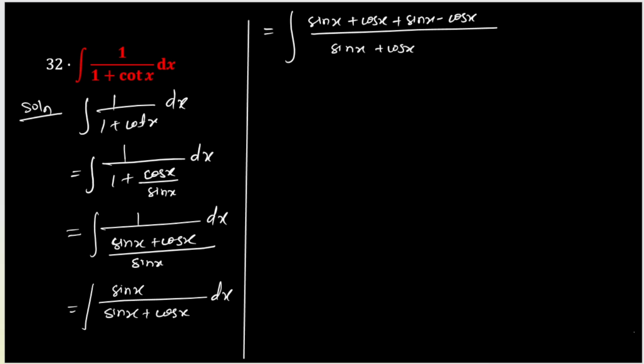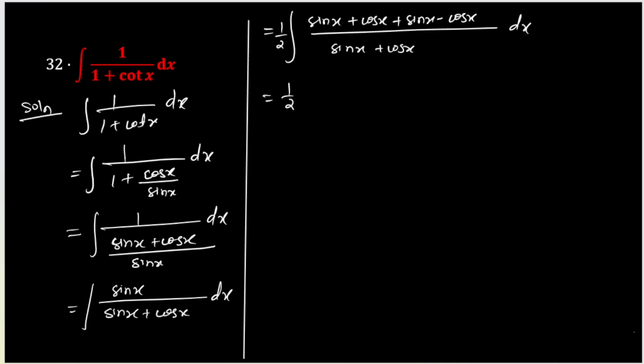Next, we add and subtract some terms: sin x plus cos x plus sin x minus cos x divided by sin x plus cos x. Here sin x and sin x make 2 sin x, so we multiply by 1 by 2, and we add and subtract cos x and separate.